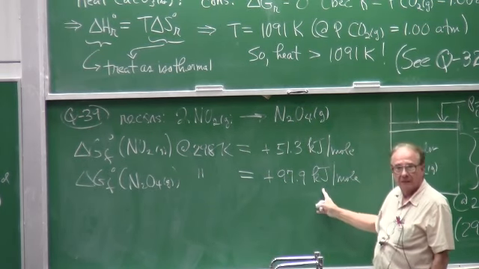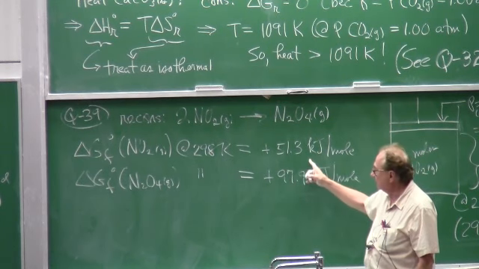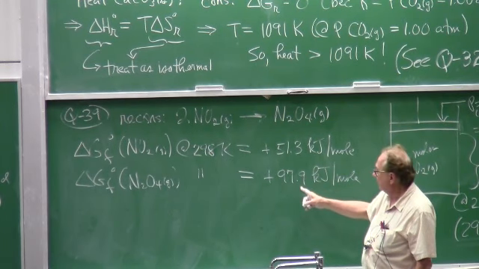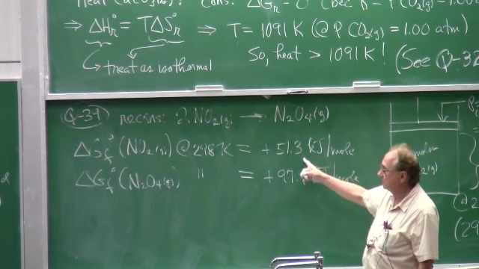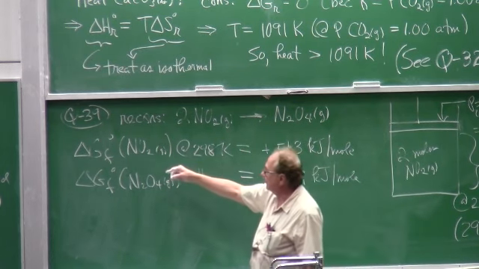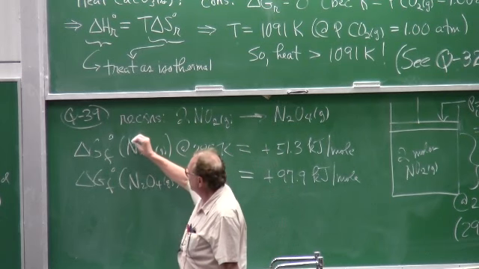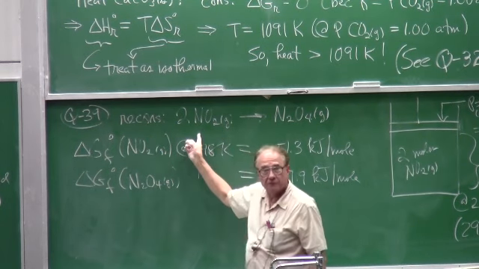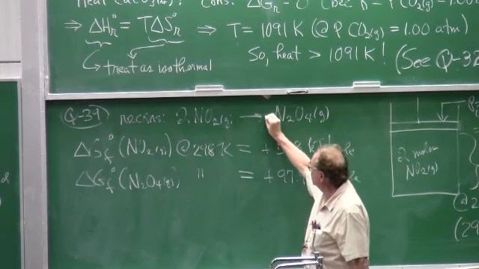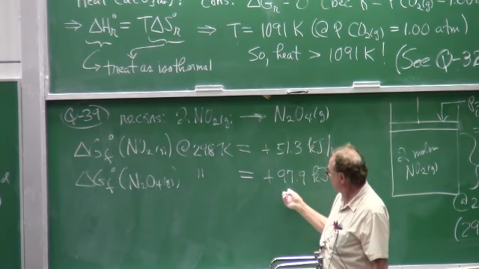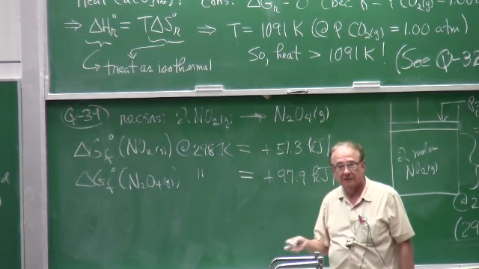So, in the event that you would imagine that the standard free energy of formation of N2O4 gas is twice the standard free energy of formation of NO2 gas, because this reaction is showing the combination of 2 moles of NO2 gas to become a mole of N2O4 gas, why not twice? Why isn't this twice this?